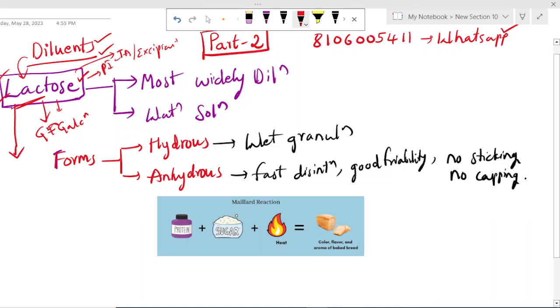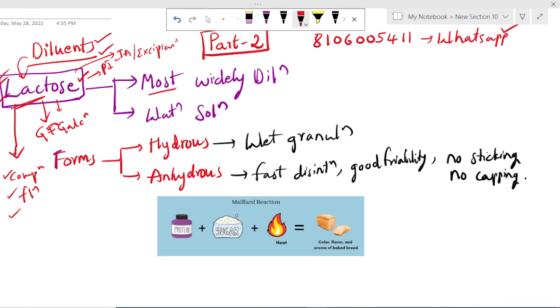Previously in part one we discussed the key advantages of lactose as an excipient. One is compressibility, another is good flowability, and another is allowing for efficient tablet production. These are the key advantages of lactose.